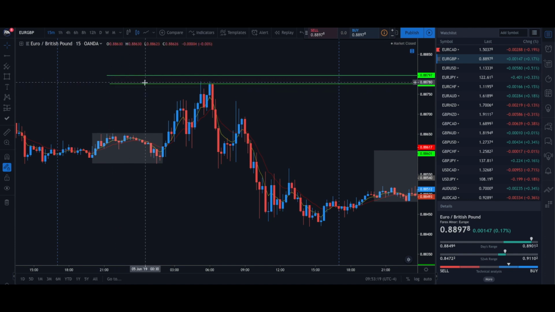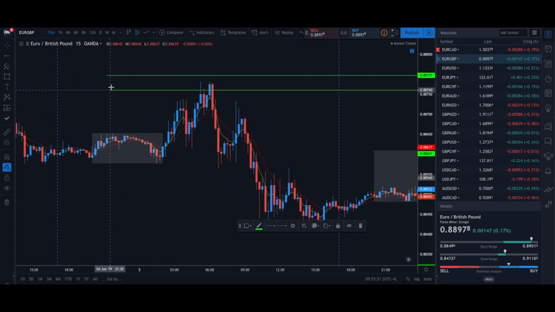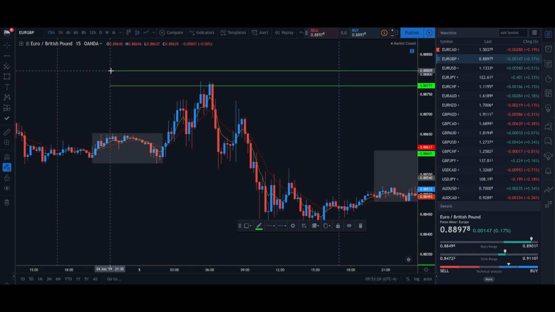You'll see that when they get up to this level, the lines begin to become further apart, and that's them widening the spread. So you'll see the spread go from 5 to like 10, 11. So it'll go from this to this.